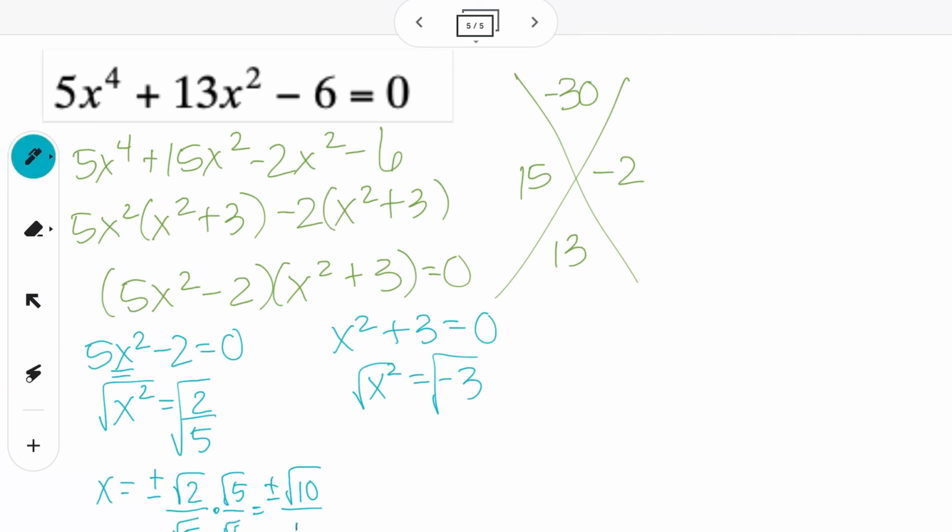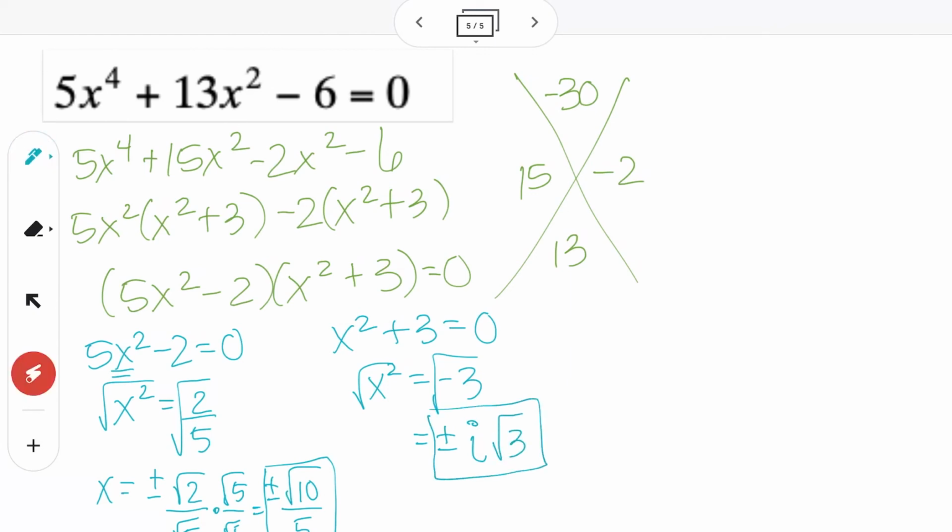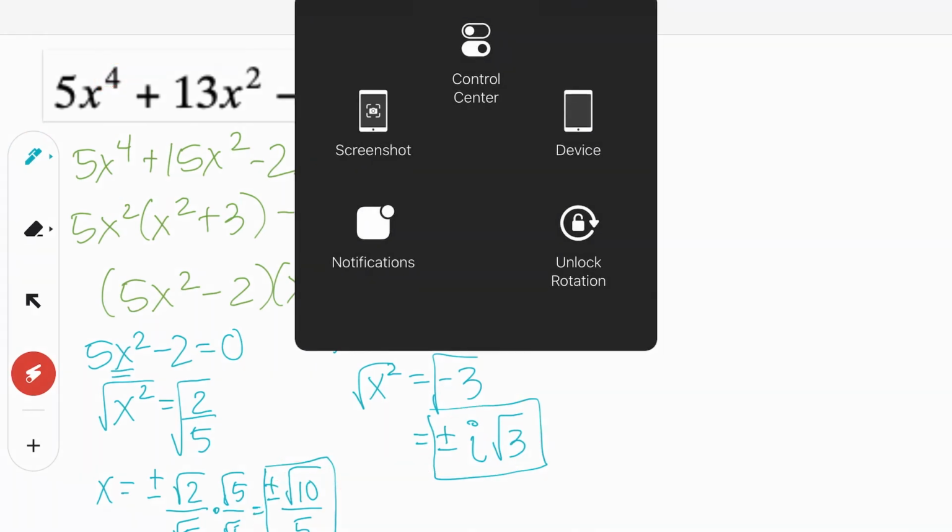And what happens, square root of 5 times square root of 5 is square root of 25, or just 5. On this other one, again, you have plus or minus. There was a negative under the radical, so it's an i, and then it's square root of 3. So those are my other 2 answers. I had highest exponent of 4, and I have 4 answers here, so it all checks.